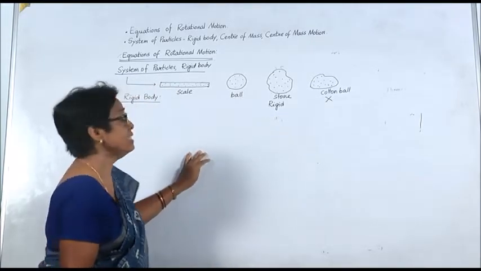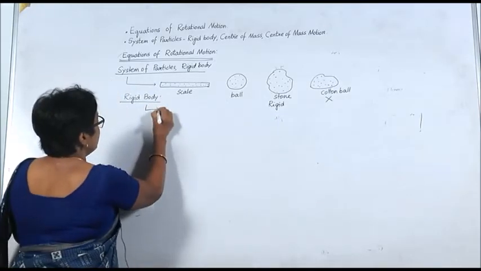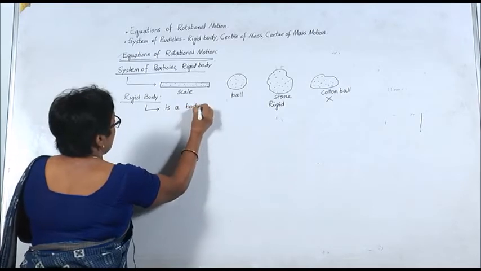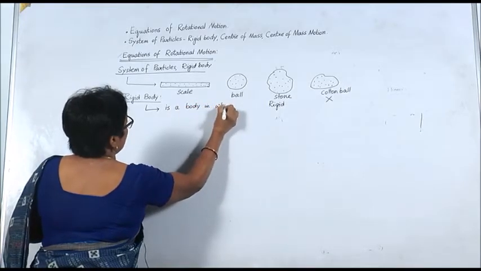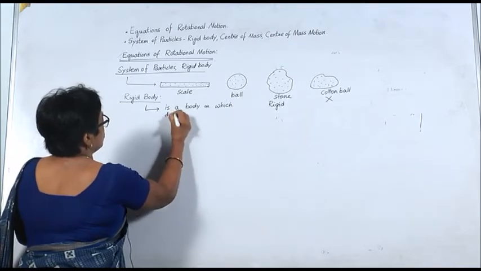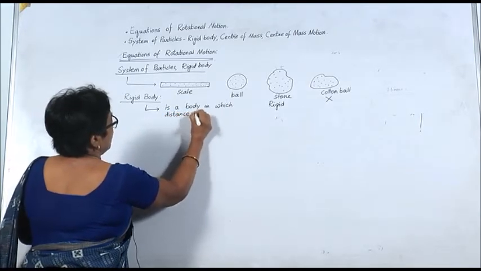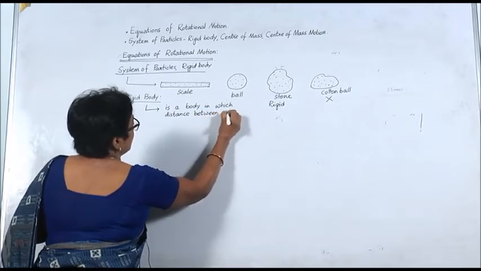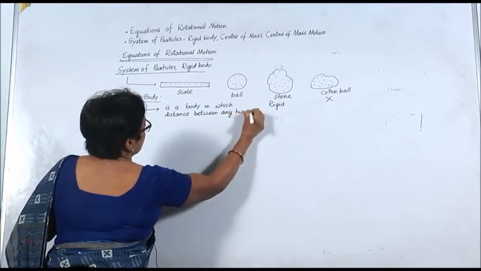Then what exactly is a rigid body? So we can define that a rigid body is a body in which the distance between any two of its points always remains fixed.